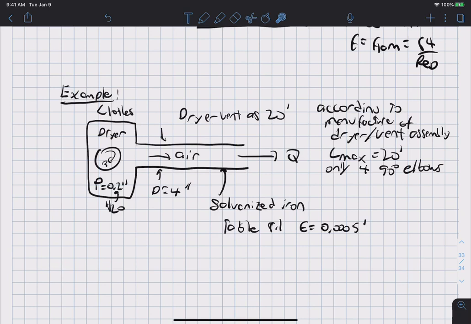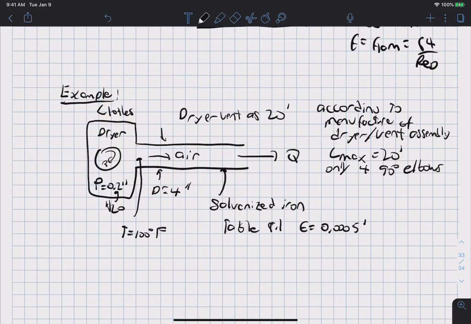According to the manufacturer, if the dryer vent is too long, greater than 20 feet, and there are more than 4 90-degree elbows, the airflow rate leaving the vent will be too low, and you might damage the dryer. Then the last thing is that the temperature, because it is a dryer, equals 100 degrees Fahrenheit as it leaves the duct.